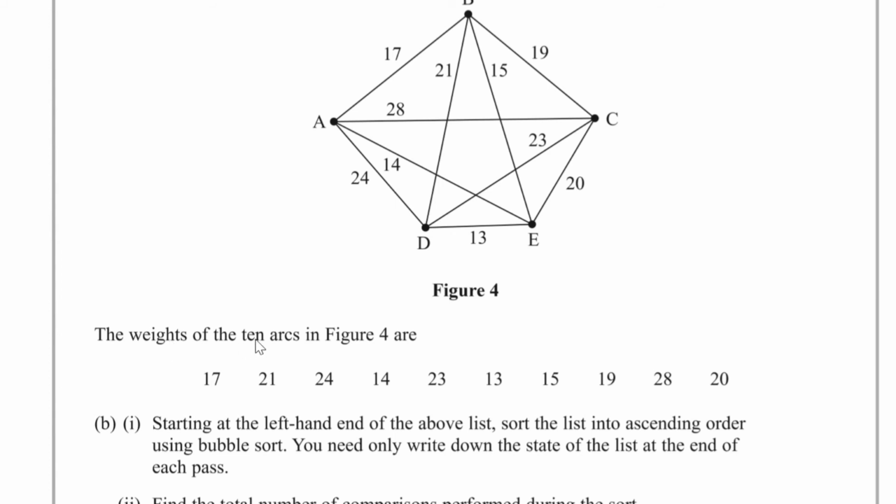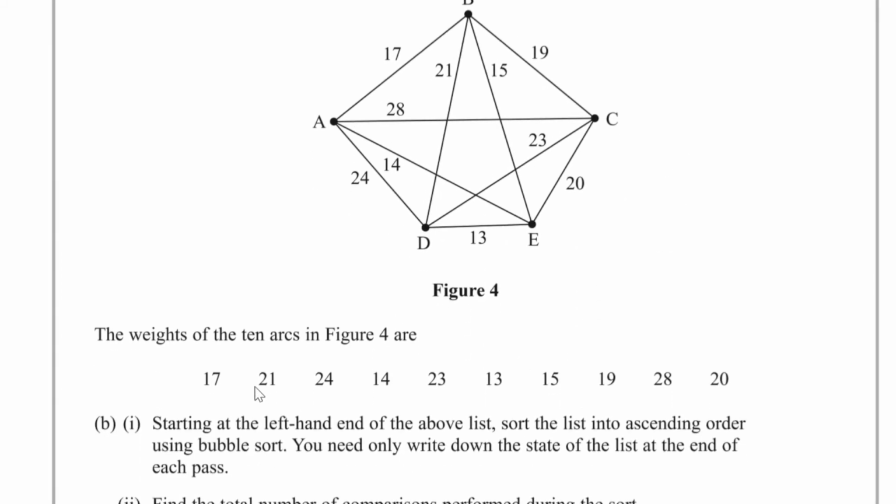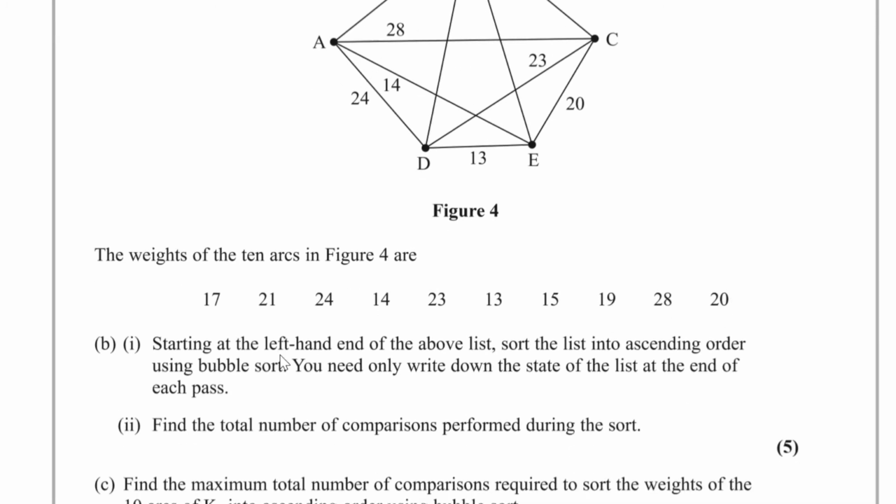For part B, the weights of the 10 arcs in figure 4 are shown here. We've got 17, 21, 24, 14, 23, 13, 15, 19, 28 and 20. Starting at the left hand end of the list above, we have to sort the list into ascending order using bubble sort.